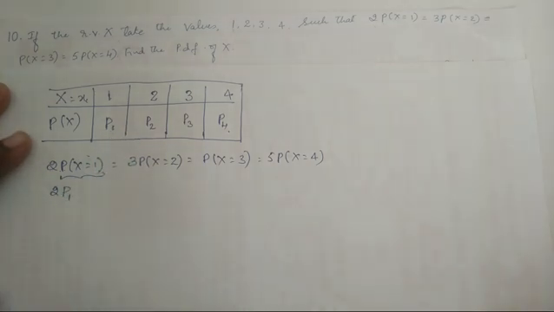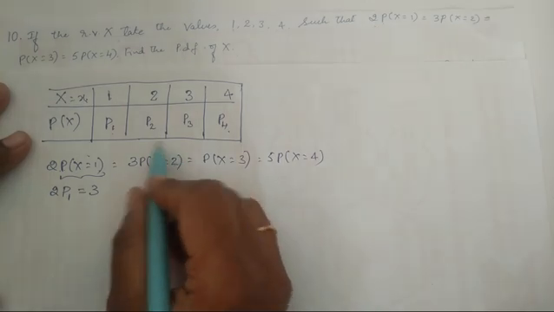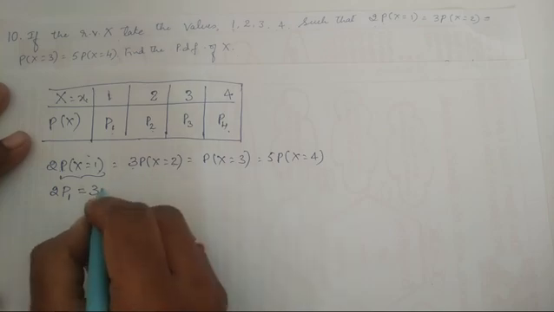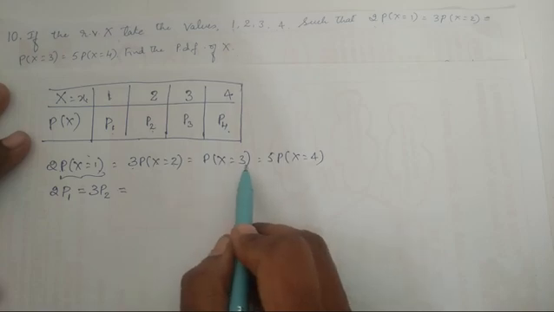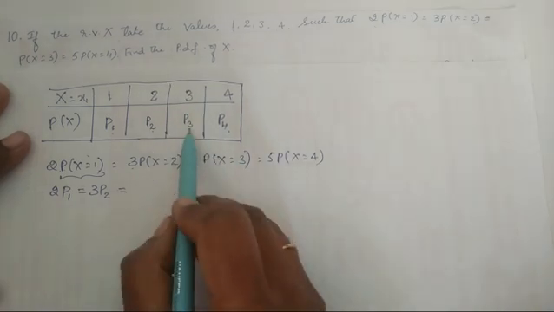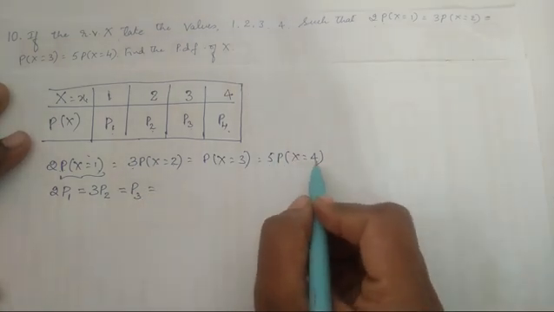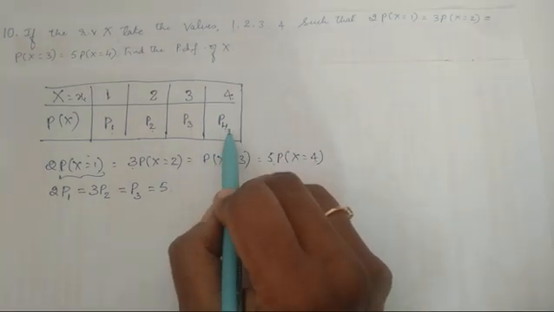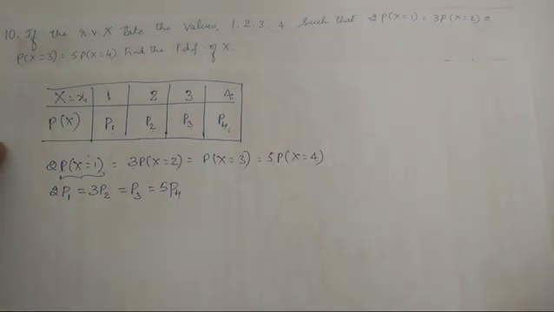So 2P1 is equal to 3 times the probability for x equal to 2, which is P2. So 3P2 is equal to p of x equal to 3, the corresponding probability P3, which is equal to 5 times p of x equal to 4, the corresponding probability P4.